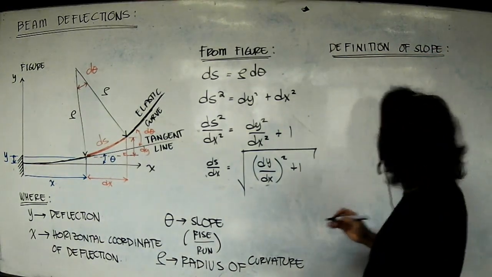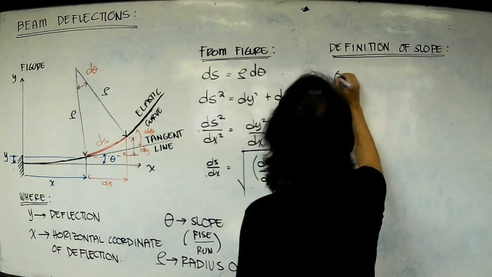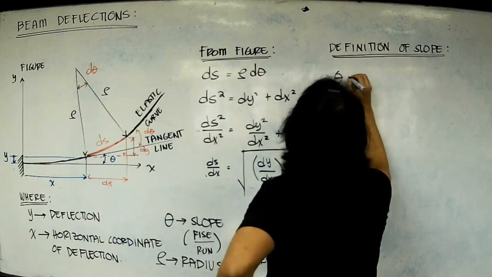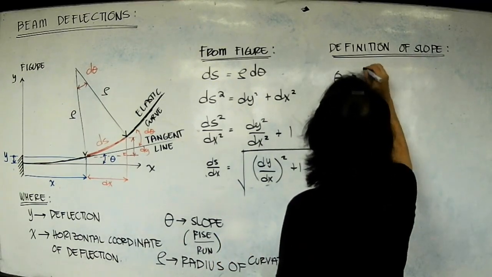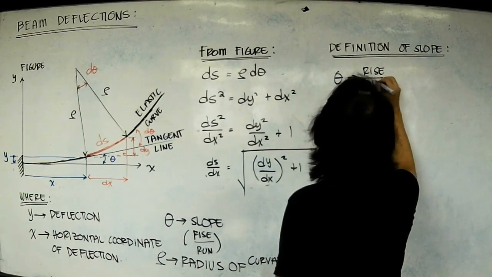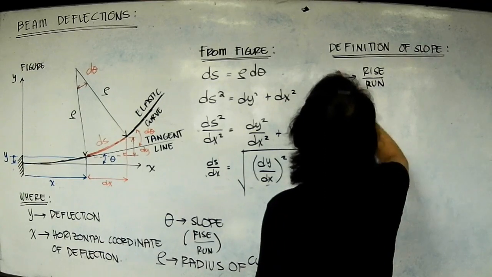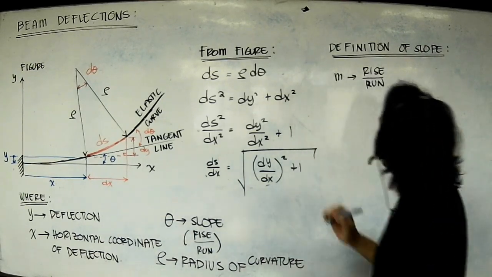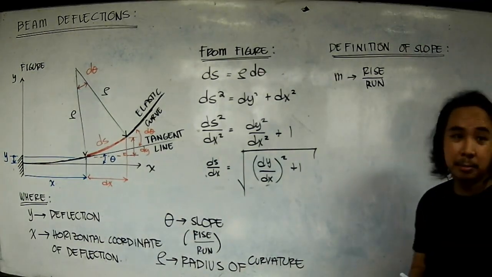When you say slope, that is actually rise over run, right? As in the time of analytic geometry.